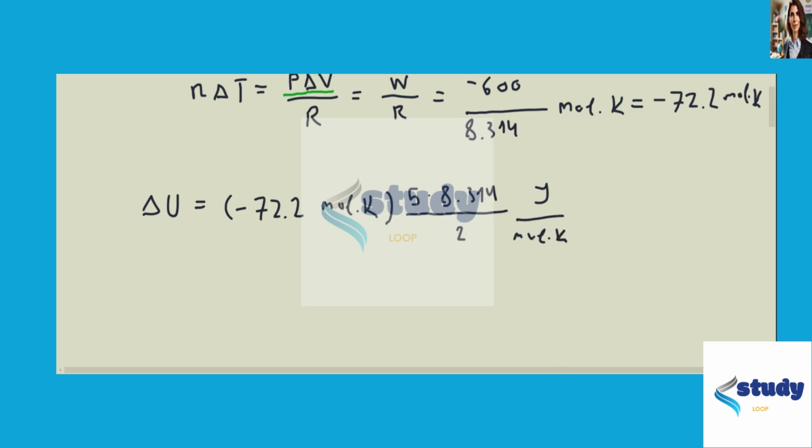You can see from the dimensions that this and this will cancel out, and we are left with joules. This is the energy dimension, so this is what we need.